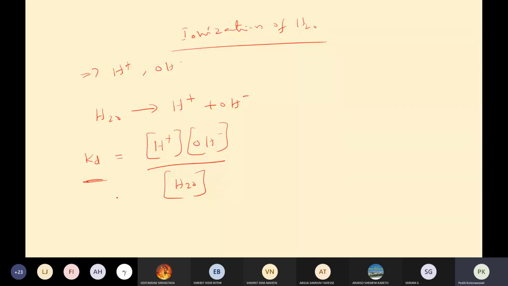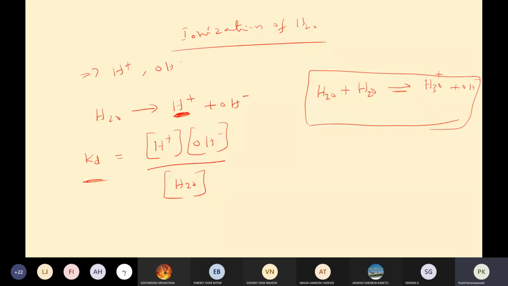The same thing we can also represent in another way: since the proton is highly reactive, it reacts with another water molecule and forms the hydronium ion. So when the bare proton interacts with another water molecule, it forms the hydronium ion and OH minus. Therefore, we can also represent the ionization of water this way.